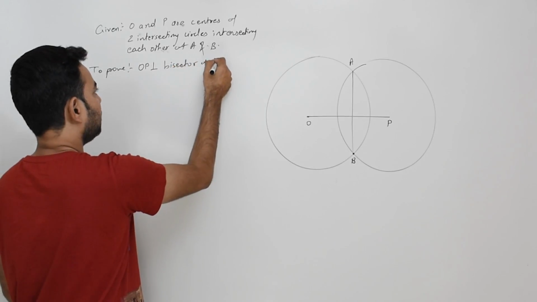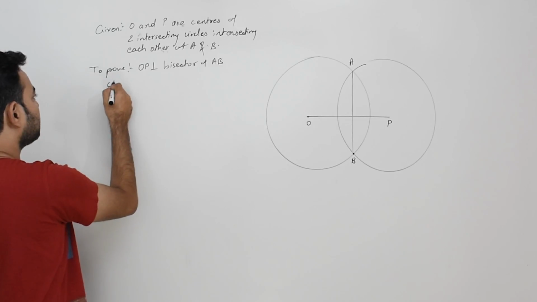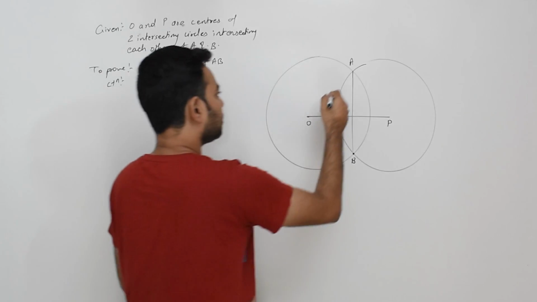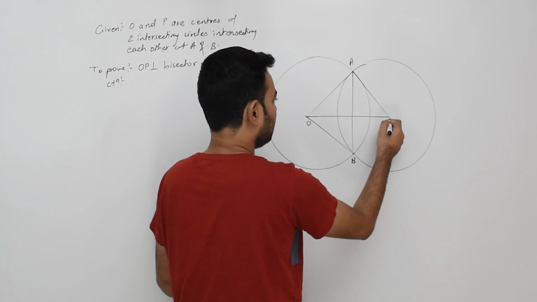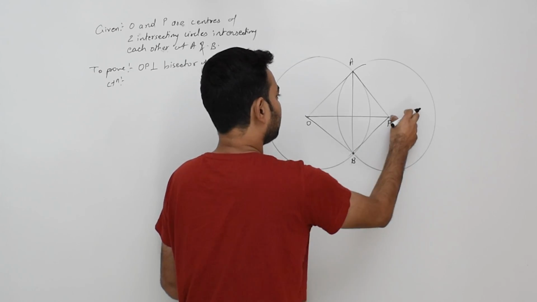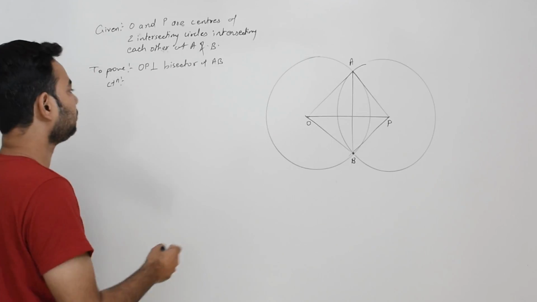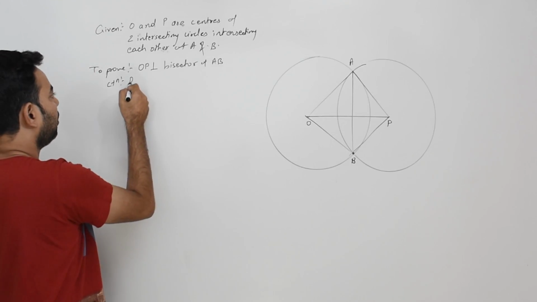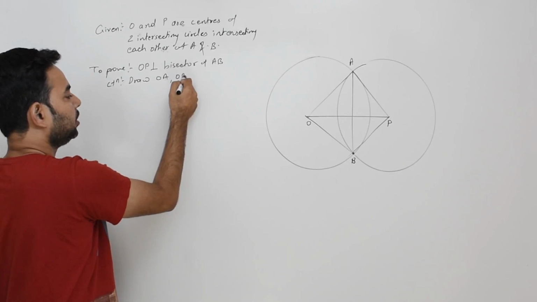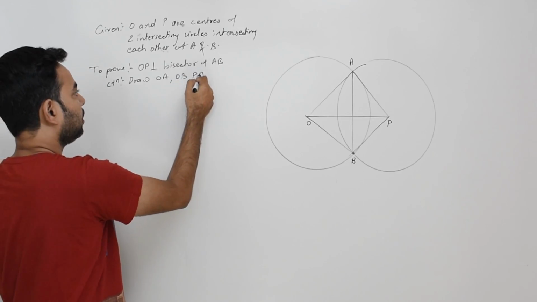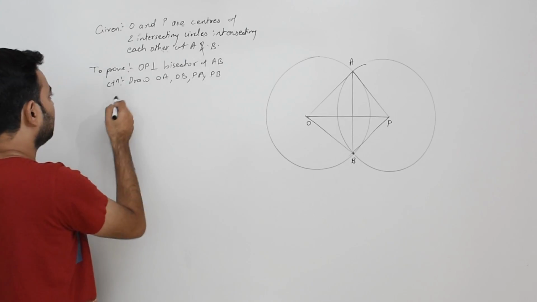bisector of AB. For that we have to construct OA, AP, OB and BP. Draw OA, OB, PA, PB.